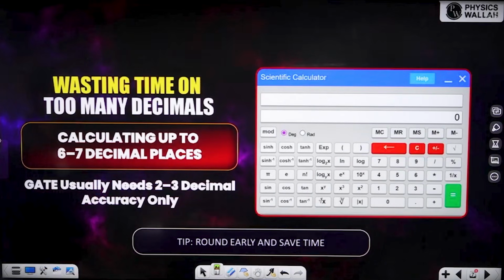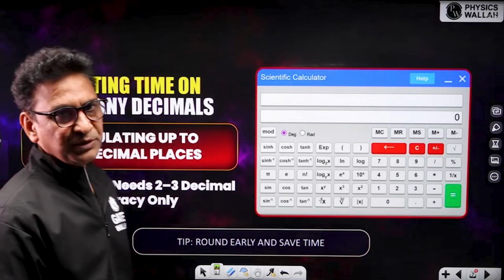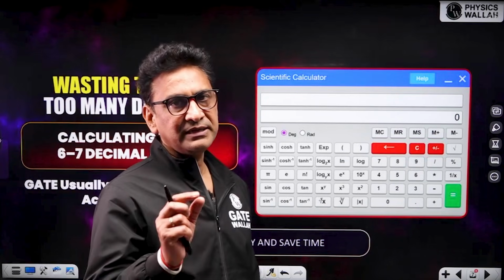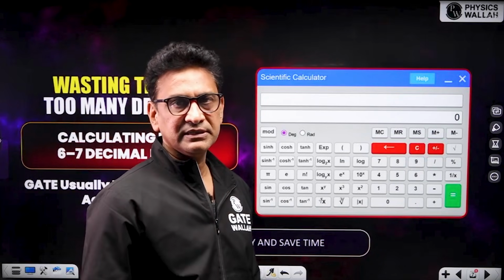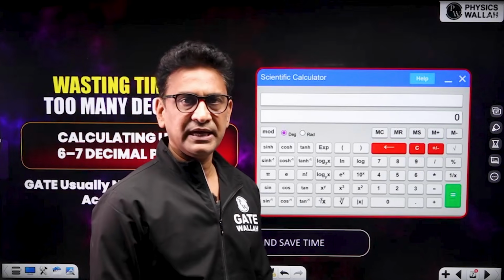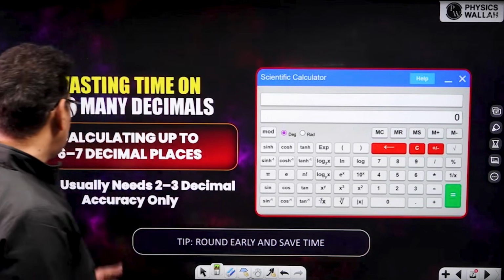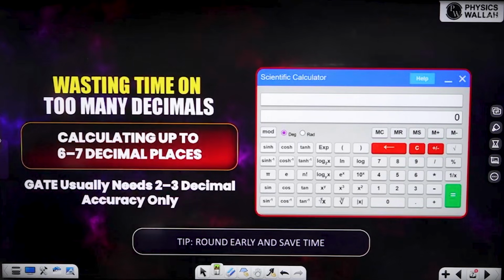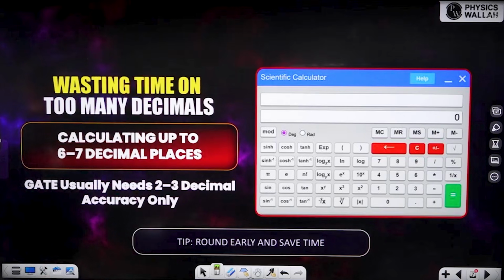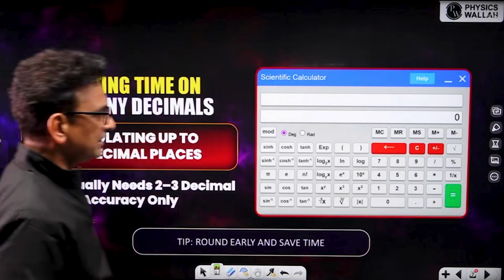It is not required. Suppose you are getting the answer 2.2, whatever you write between 2 to 3, GATE will consider it as accurate. So don't bother about more decimal places. Just do the calculation only up to 2 to 3 decimal places.